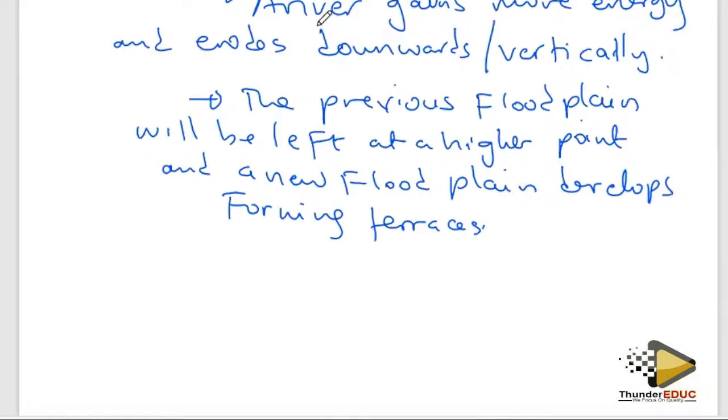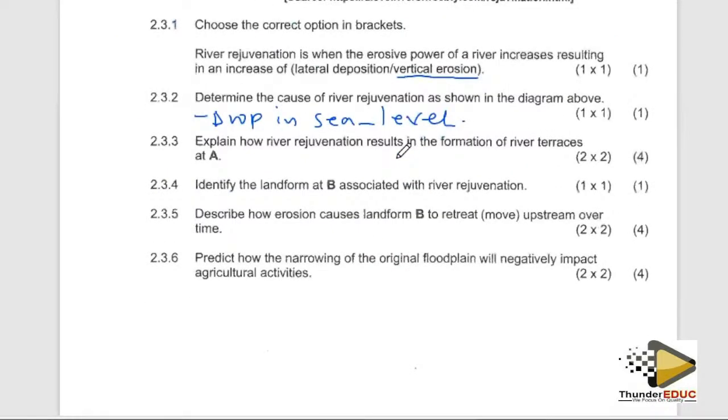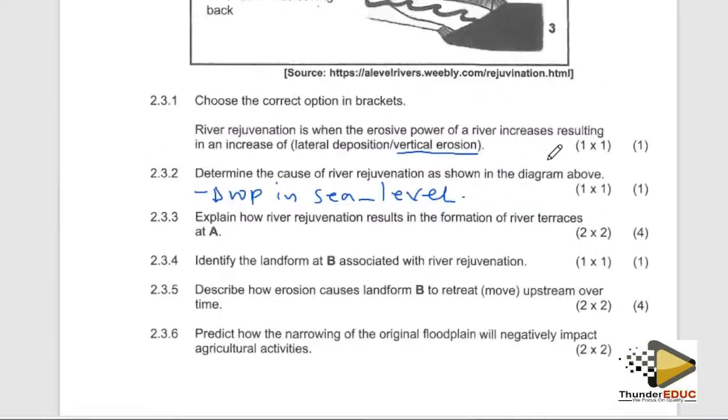Okay. So to question 2.3.4, identify the landform at B associated with river rejuvenation.